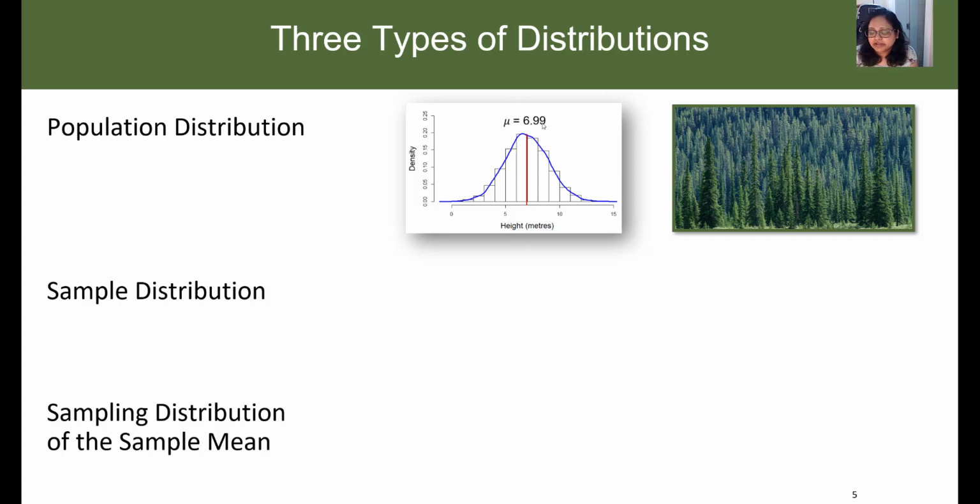And then we calculate that population mean height, which in this population is 6.99 meters. So you can see the red one is the mean.